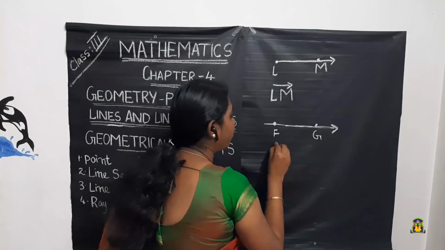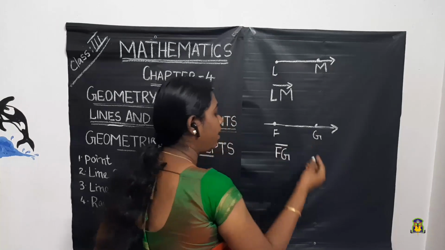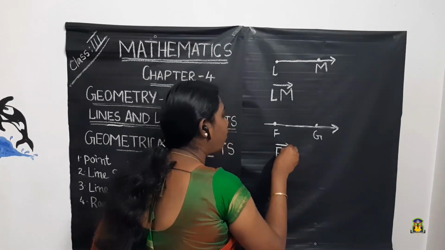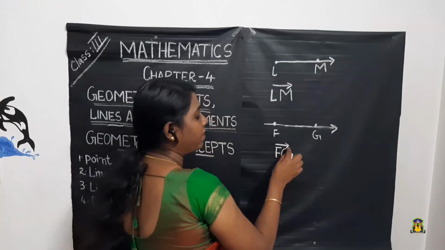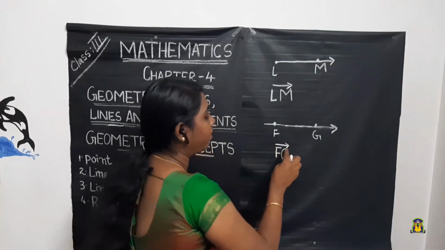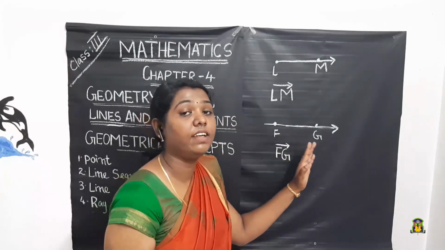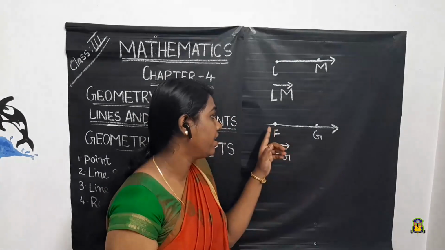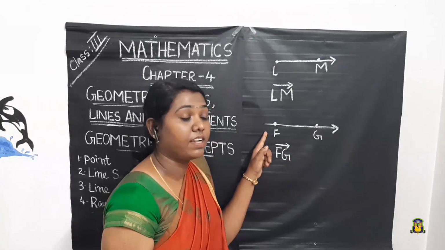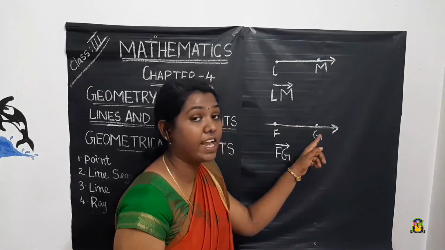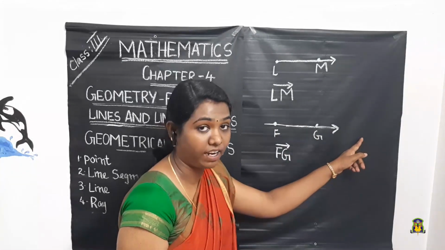Then we will draw a small straight line on the top and an arrow mark on one side of the line. Okay, because this arrow mark indicates that it goes endlessly in one direction. Here a ray starts from the point F and it goes endlessly in one direction.